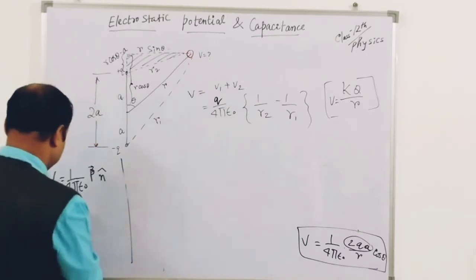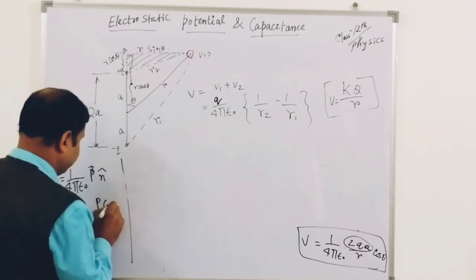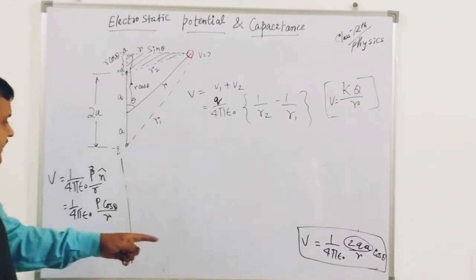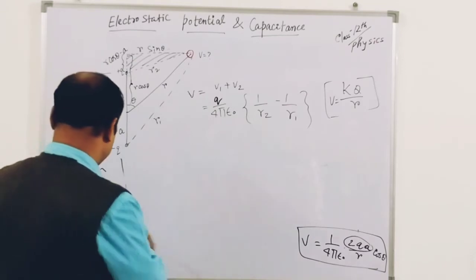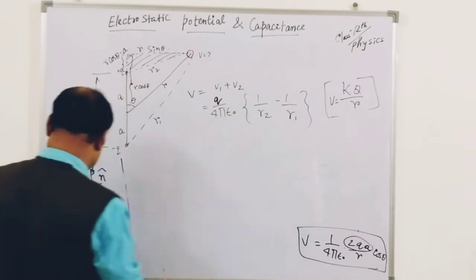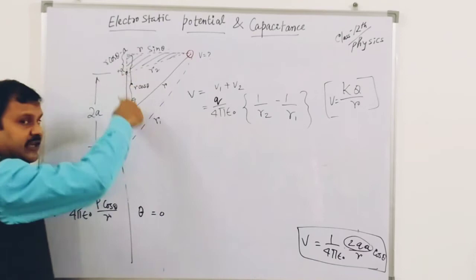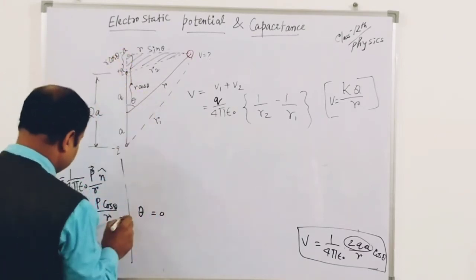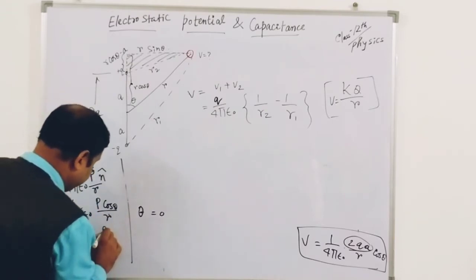So we can write 1 by 4 pi epsilon naught, either in vector form or magnitude form, P cos theta by r squared, because 2qa is the dipole moment P. In the case of theta equal to 0, that is along the axis of the dipole, this will be maximum: 1 by 4 pi epsilon naught, P by r squared.